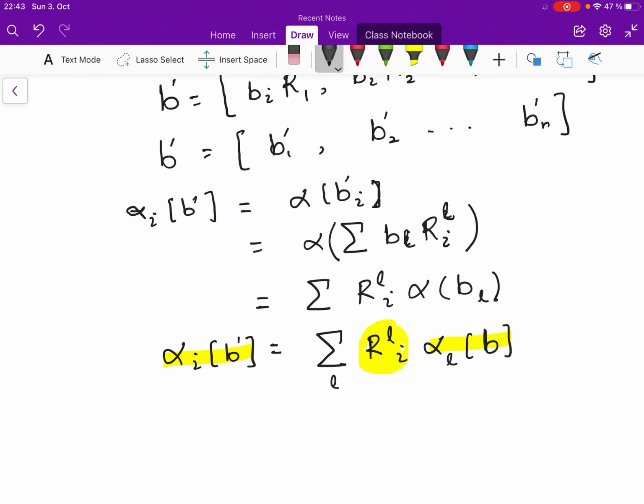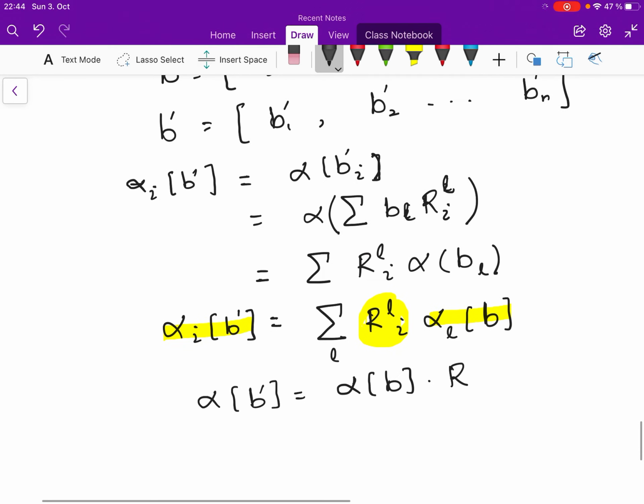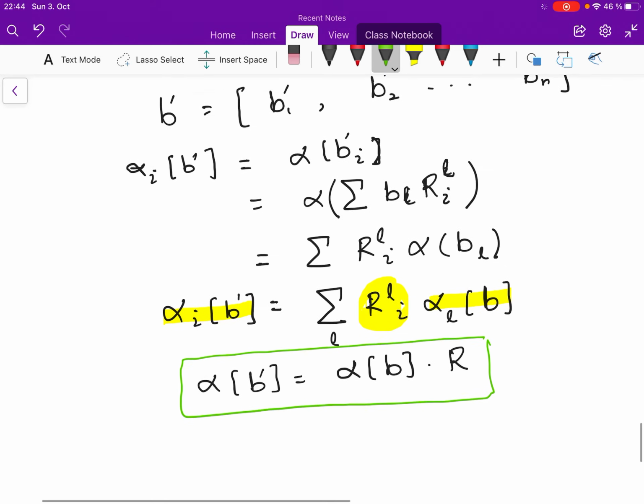In matrix form, I can write this in this manner: alpha in the B prime basis will become alpha in the B basis multiplied by R. So you can see that we have R instead of R inverse here, and that means that such vectors are covariant vectors.